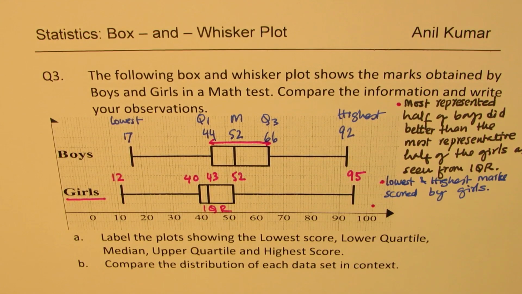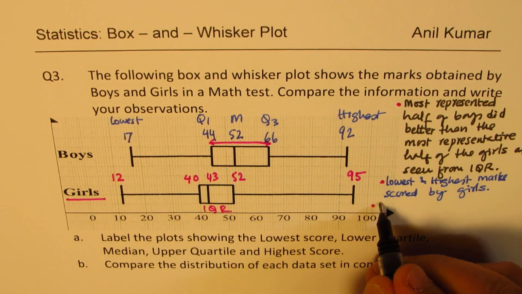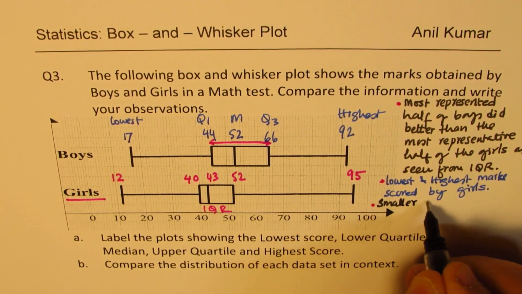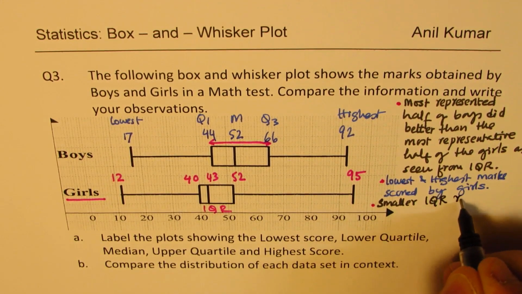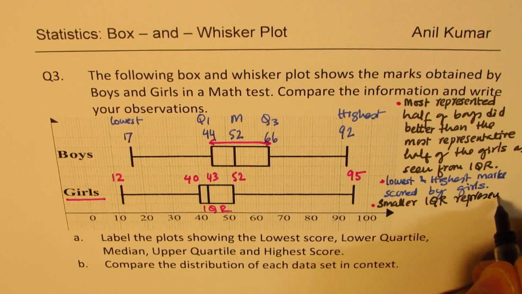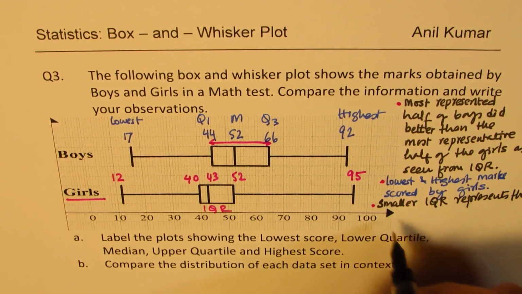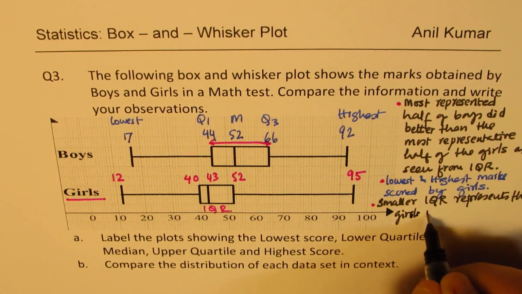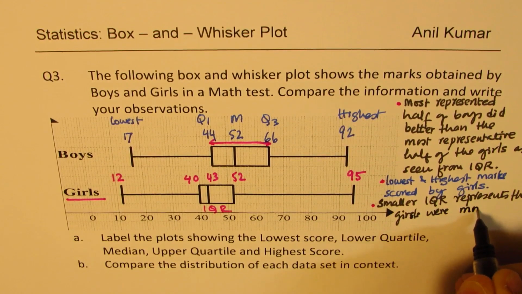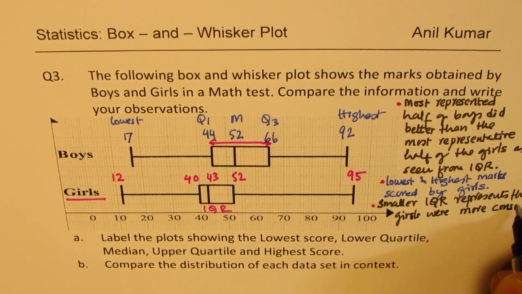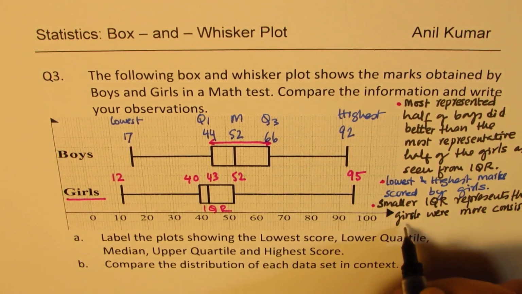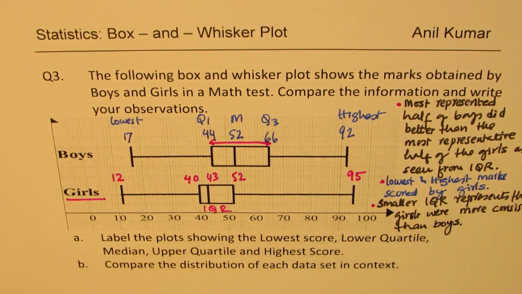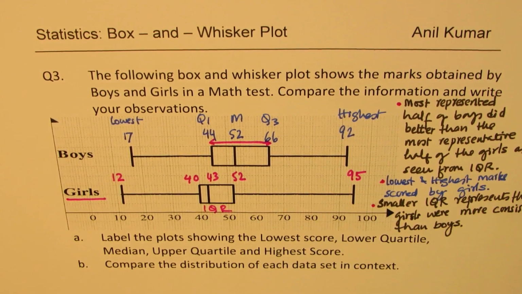So we say smaller interquartile range represents that girls were more consistent than boys. Is that clear? So that is very important, right?